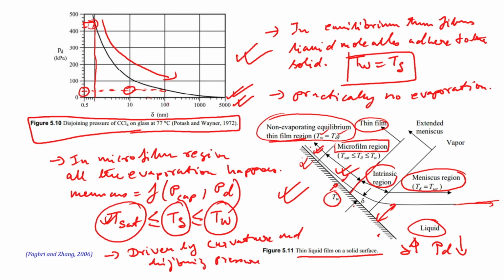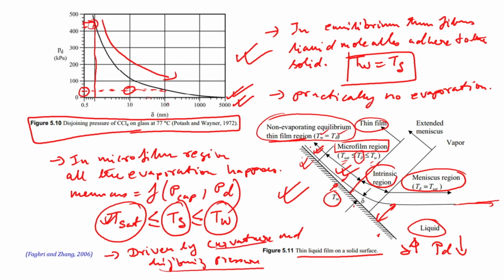Here the film temperature is greater than the saturation temperature, but lower than the wall temperature. So this is called the microfilm region. Here the flow is driven by both capillary as well as the disjoining pressure, that is, by the curvature as well as by the disjoining pressure, that is what we wrote.